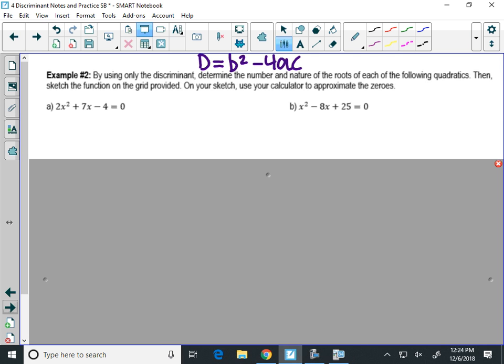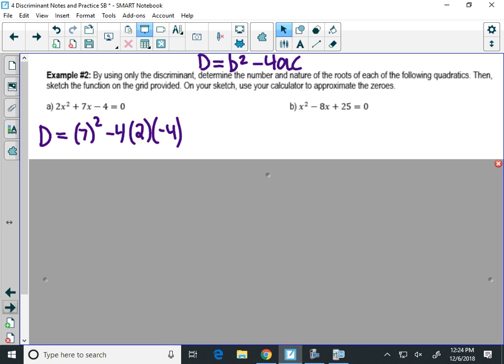So let's calculate the discriminant in A. So b is 7, so you'll have 7 squared minus 4 times 2 times negative 4. And I want you to calculate for me what that discriminant is.